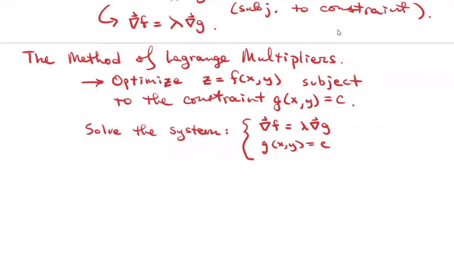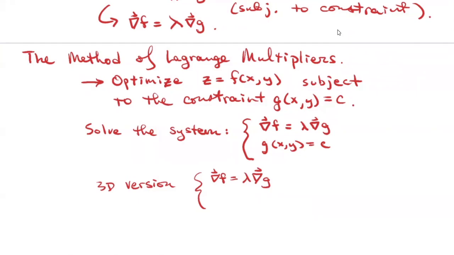In higher dimensions, a 3D version would look like gradient of f equals lambda times gradient of g. Now, if there's three variables there, they would be x, y, and z, and then lambda would be the fourth variable.